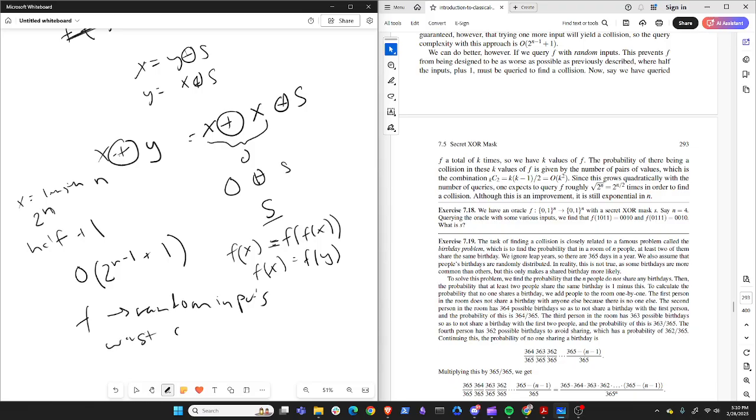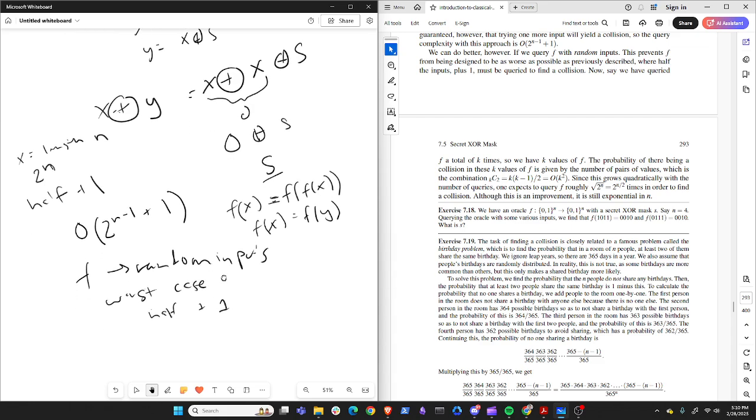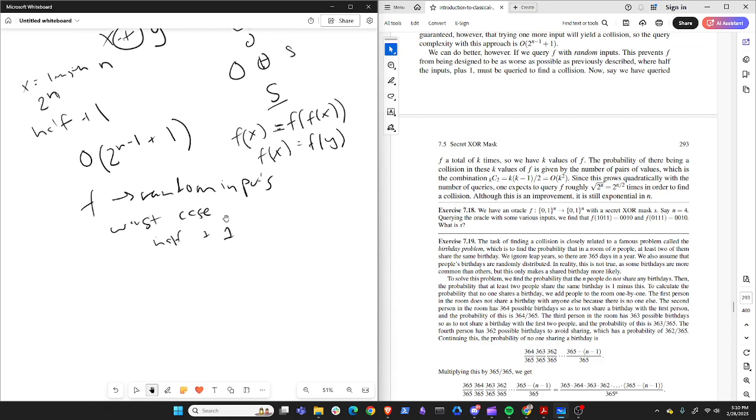Inputs are random, so we need to query at least half plus 1. Now that means, if we've now queried f k times, so that means we have k values of f.